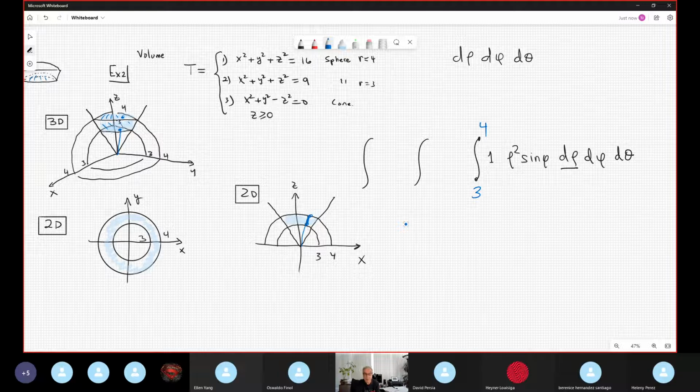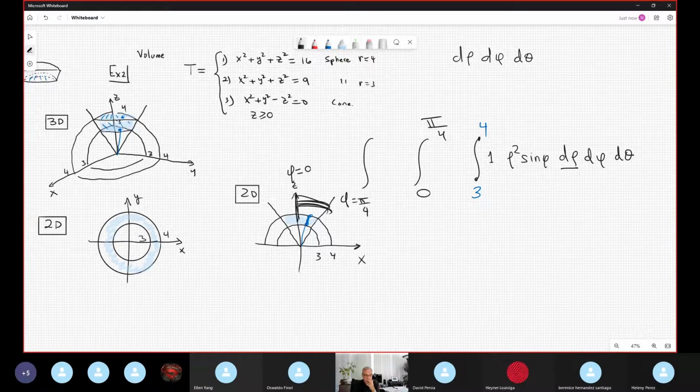Now phi varies from, this is the confusing part, guys. Phi is measured from the z-axis, 0. This is phi 0. And this is phi pi over 4. But when you integrate, you're extending in this direction. And finally, theta you see more clearly in the floor plan.